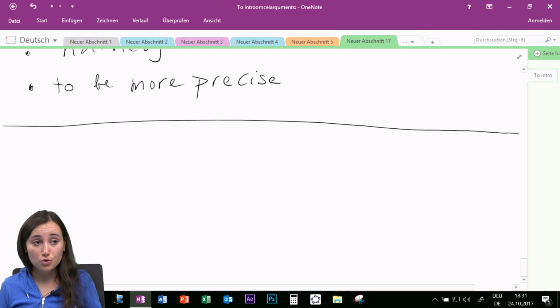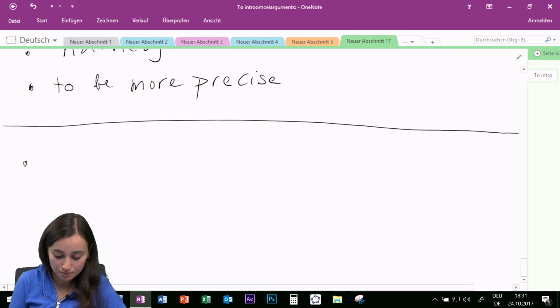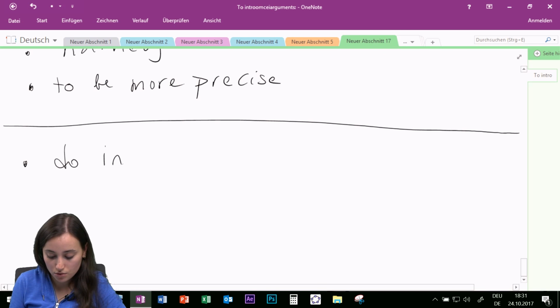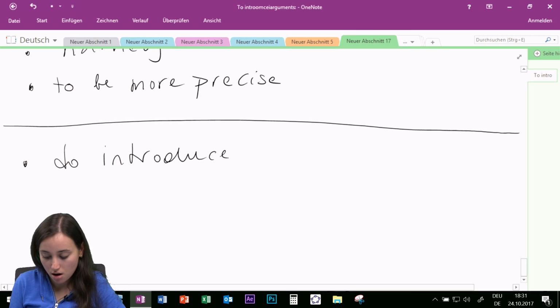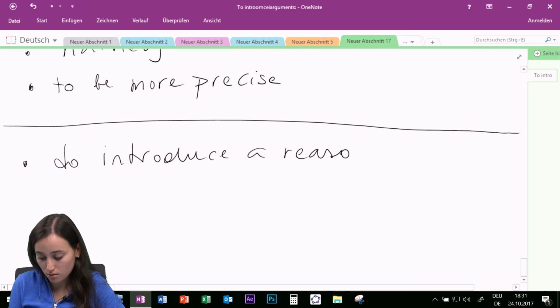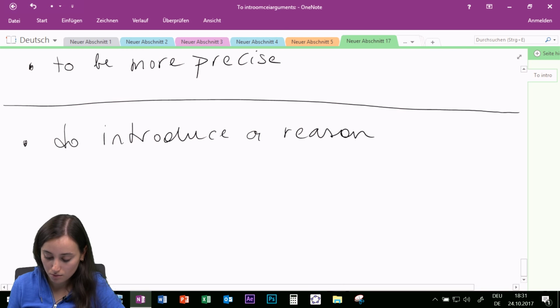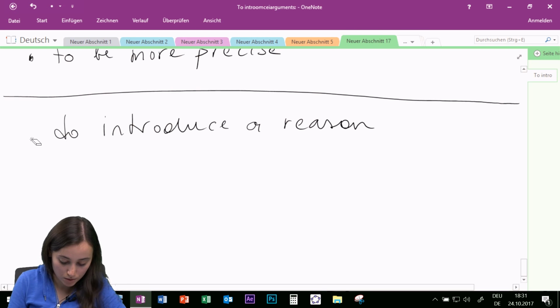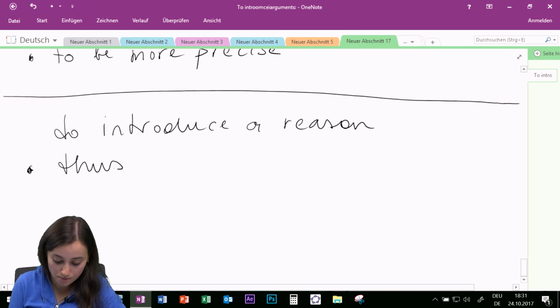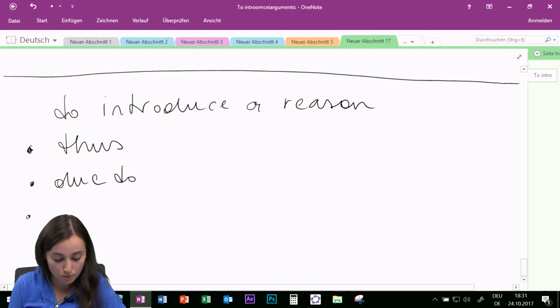Then we have two more categories. To introduce a reason, thus, due to, hence.